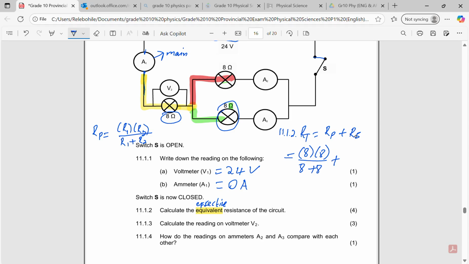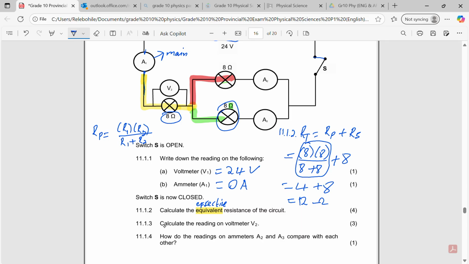What is the resistance in series? It is this 8 ohms. So I'm going to put 8 there. If I put this on a calculator, all of it as it is, it's going to give me 4 plus this 8, and 4 plus 8 will give me what, guys? It gives me 12 ohms. So that's another way of finding your effective, or rather equivalent, resistance in this case. Okay, so that's how you solve that problem.